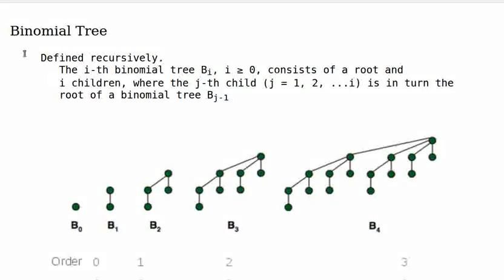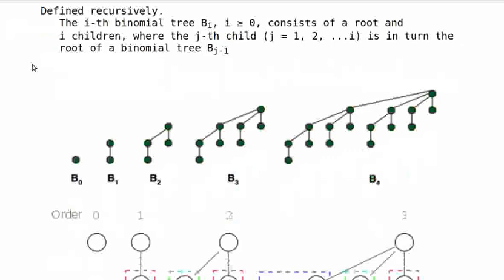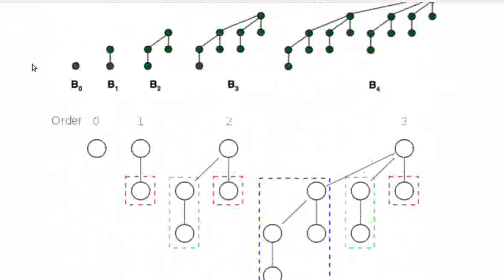We can define a binomial tree recursively, as shown in these two diagrams. So this is an order 0 binomial tree, or B0. It only has one node, the root.